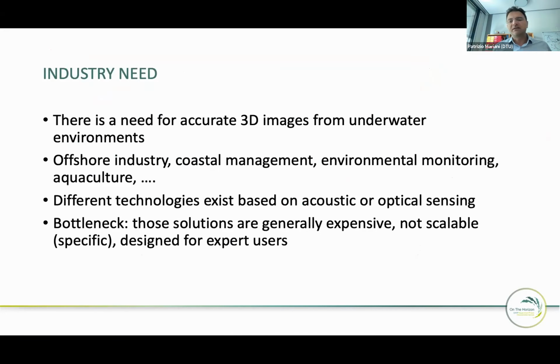So the industrial need for these 3D images is indeed widespread. There is a need for underwater inspections, for example, of offshore industry and infrastructures. There is a need also for coastal management, because we can have much higher quality images for mapping, for example, coastal areas, but also for environmental monitoring to revisit specific sites and understand changes in the bottom topography, for example.